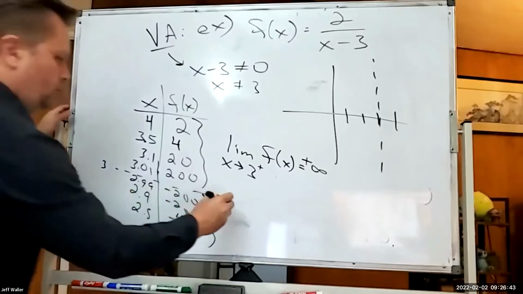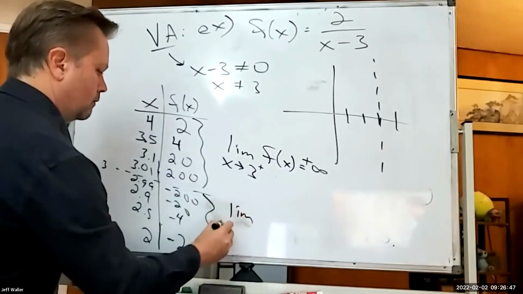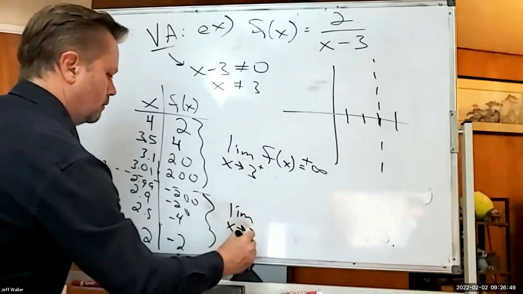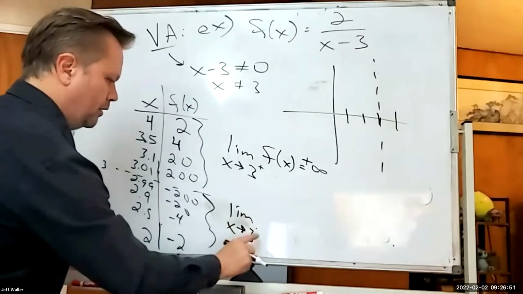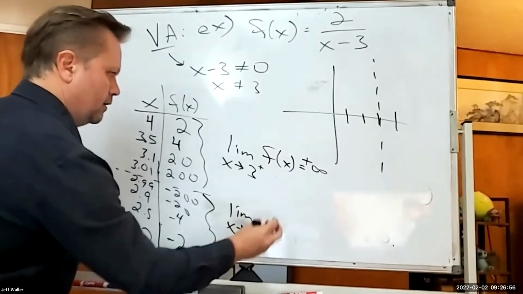Okay, who's got that? The limit as x approaches 3 from the left side of f of x equals negative infinity. And what did you put here for that? Minus sign. Good, a little minus sign.